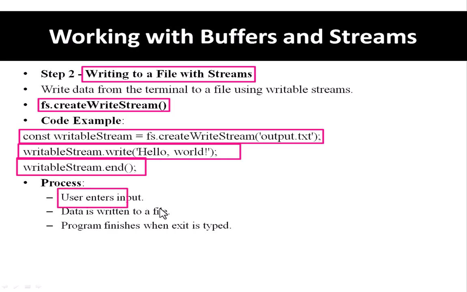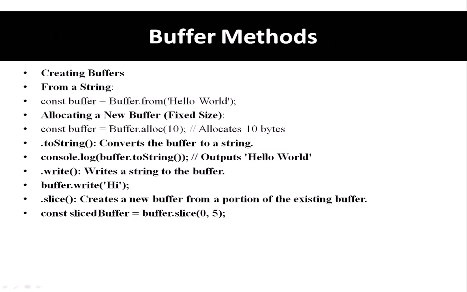Next, buffer methods. Here we have different buffer methods. First one is from string. Here we define the constant buffer from, where the text will be created as a buffer, allocating some space from the RAM. Next, allocating a new buffer. If you want to allocate a new buffer of a fixed size, only 10 bytes, you create buffer.alloc 10.